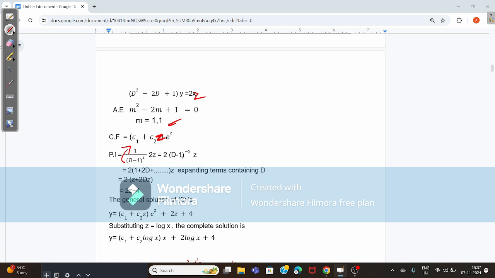So taking 2 common here, (1 - D)^(-2), this is the binomial expansion. By using binomial expansion, what you can find: 2(1 + 2D + ...) z.